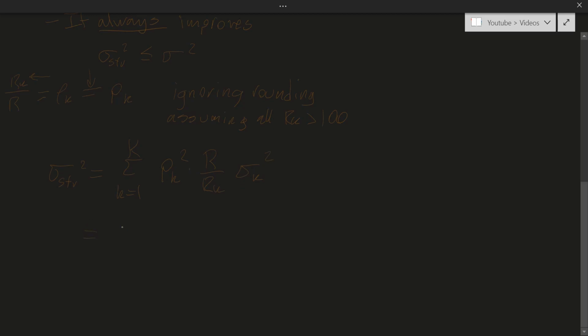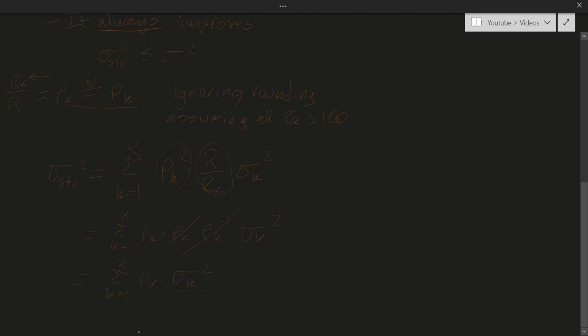But we can rewrite this as the sum k equals 1 up to large K, where this is rho_k to the power of minus 1, and because of this equality we can write it as p_k multiplied by rho_k to the power of minus 1, and then multiplied by sigma_k squared. But these two cancel out, so this simply becomes the sum k equals 1 up to K of p_k multiplied by sigma_k squared.